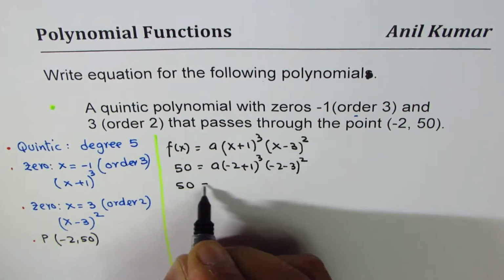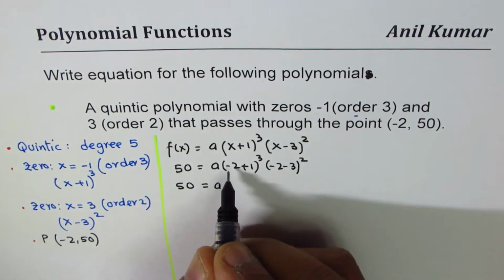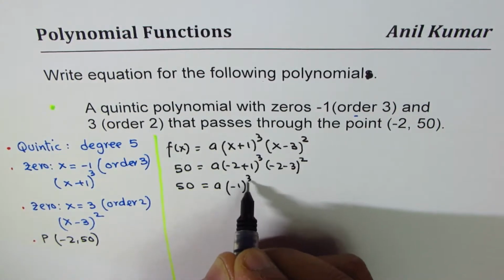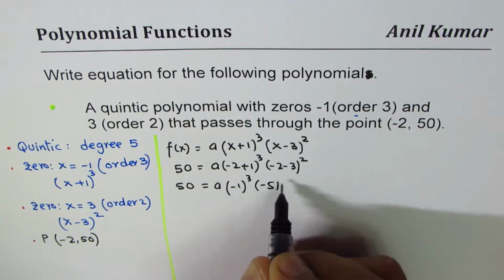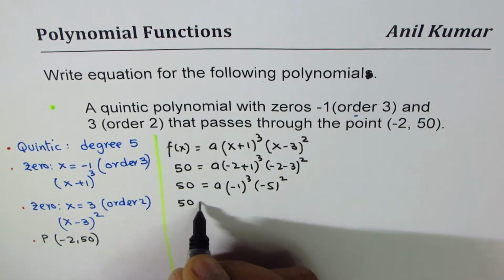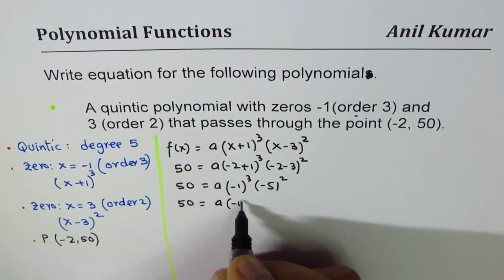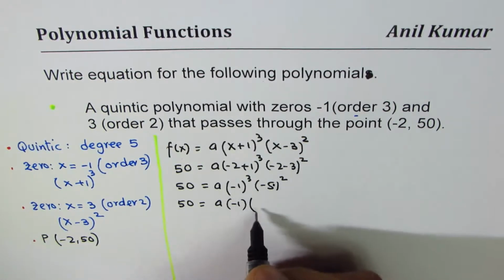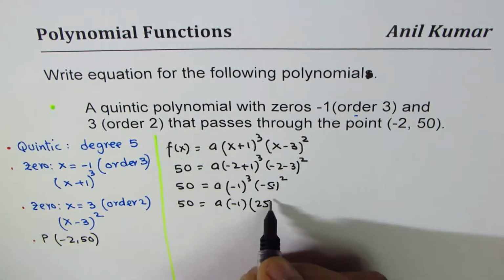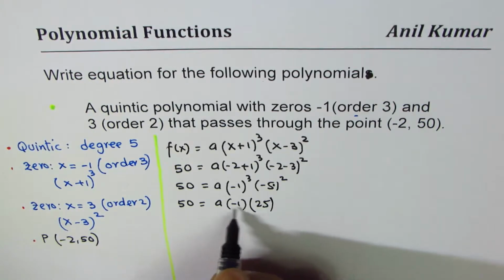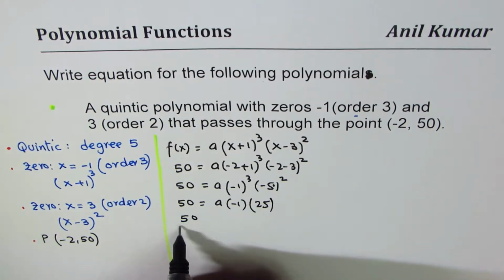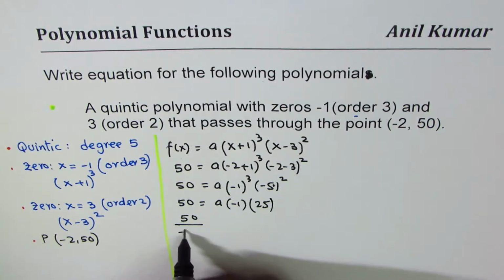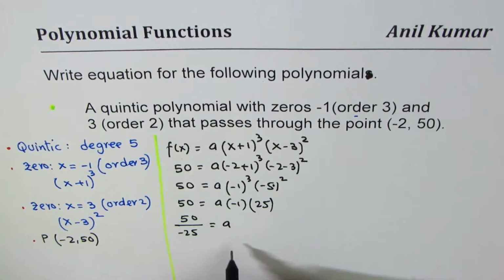So 50 equals a times (-2 + 1) is -1, cubed, times (-5) squared. That gives 50 equals a times -1 times 25, positive 25, so that is -25. We can find a as 50 divided by -25, which gives a value of -2. So a is -2 for us.